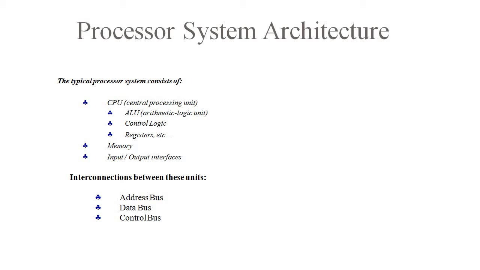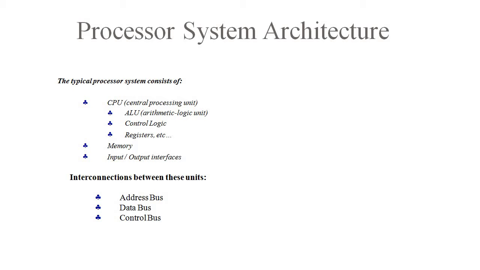So let us see the processor system architecture. Typical processor system consists of CPU, that is central processing unit, then ALU, that is arithmetic logic unit, then control logic and registers.